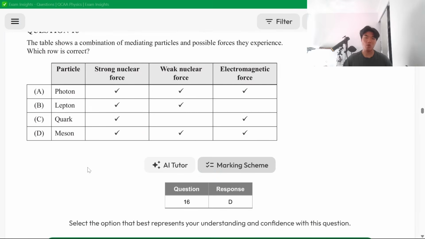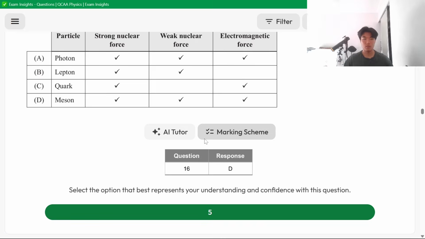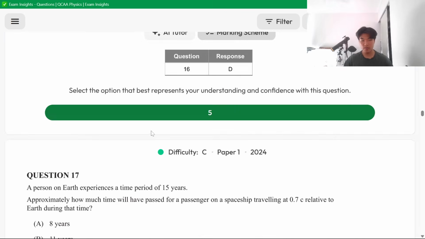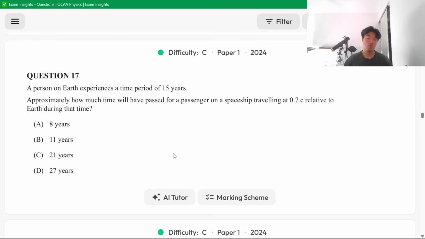Mesons are basically just quark composites, but for example, baryons have three quarks or three antiquarks. Mesons are a pair of a quark and an antiquark. So it would basically be synonymous with C, but C in this case is incorrect because quarks do experience the weak nuclear force.